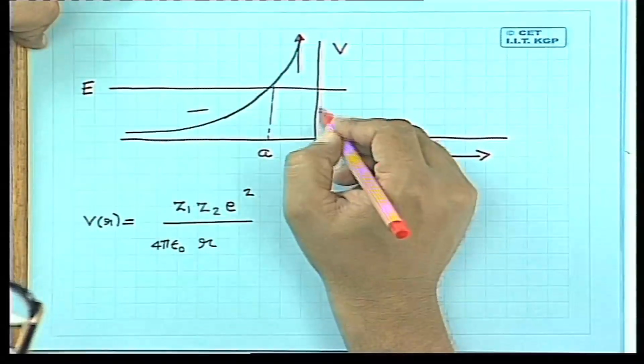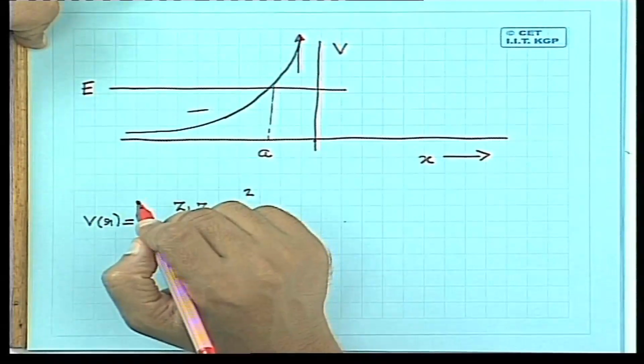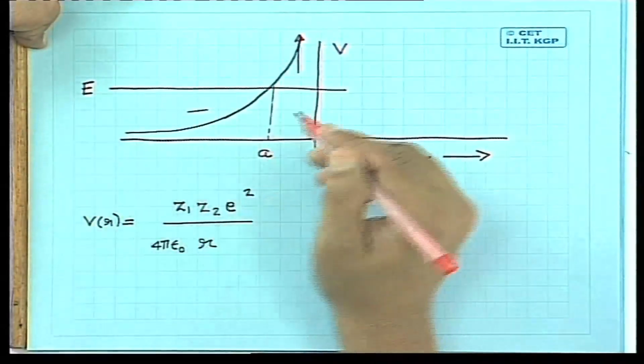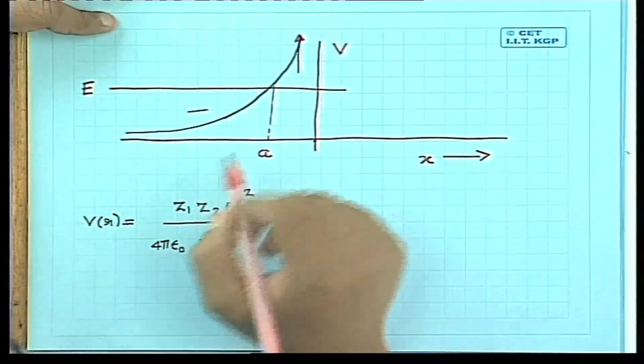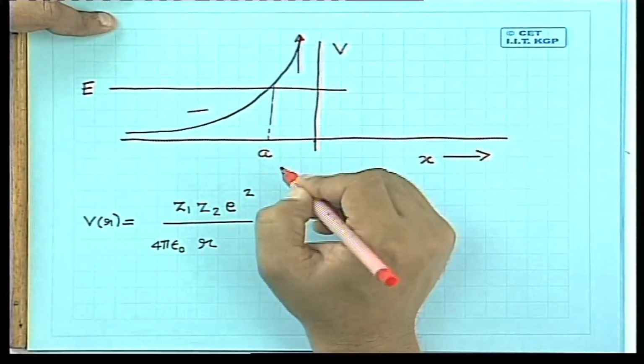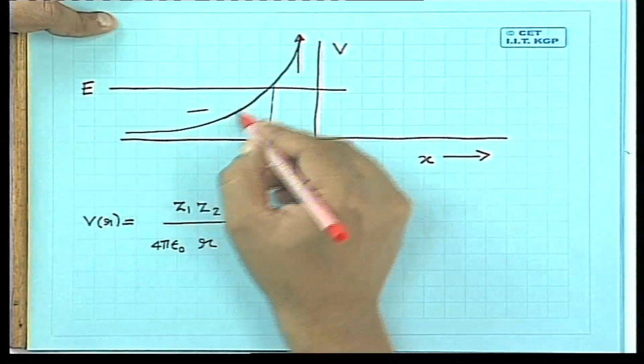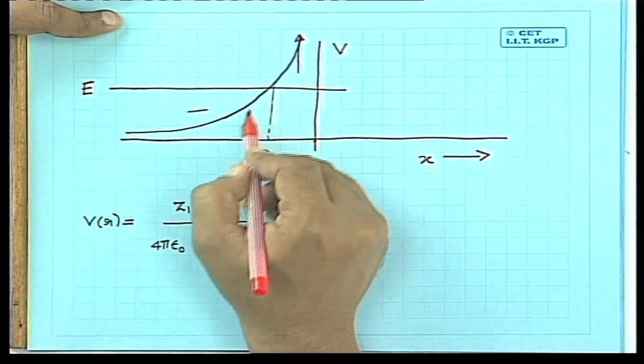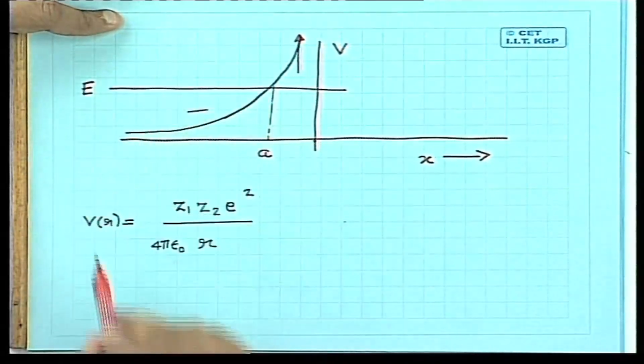Now if you approach the nucleus to within the nuclear distances of around 1 Fermi, then the potential again becomes attractive. Here the potential is repulsive because the only interaction here is the electrostatic repulsion between the two positive charges.